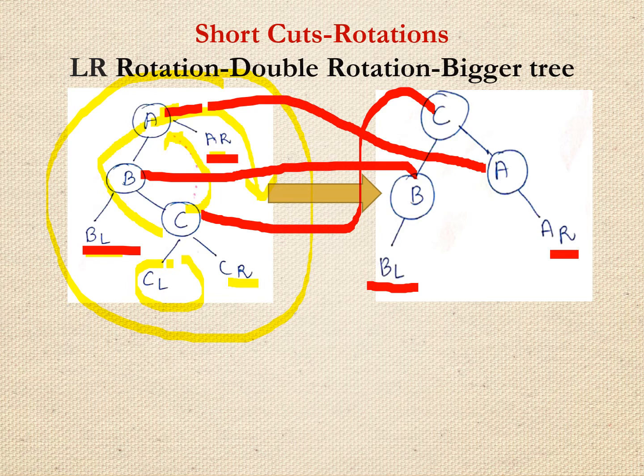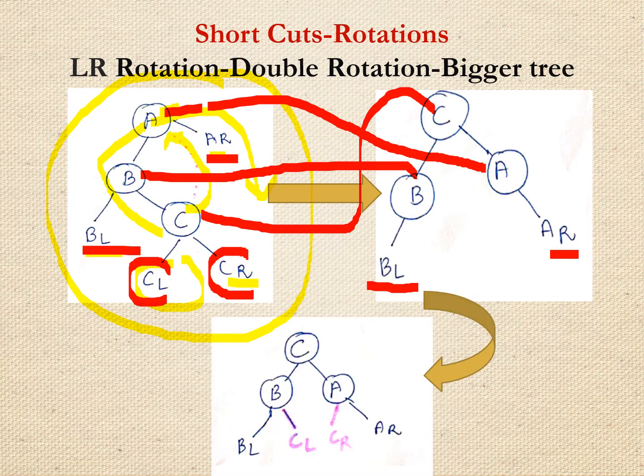Now what will happen with this CL and CR? We can verify that CL is left of your C. CL was left of C, that was right of your B. So that means your CL can be placed on the B node.